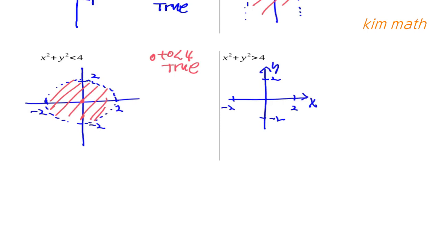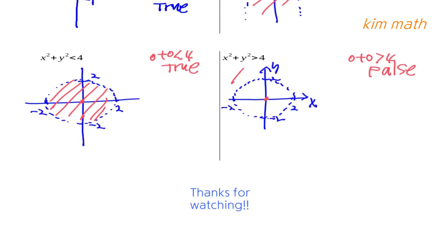And since there's no equal sign, dotted line. If I choose (0, 0) again, then 0 plus 0 is greater than 4. Please note that this is a false statement. So our selected point cannot be our answer. So we must shade the other part.